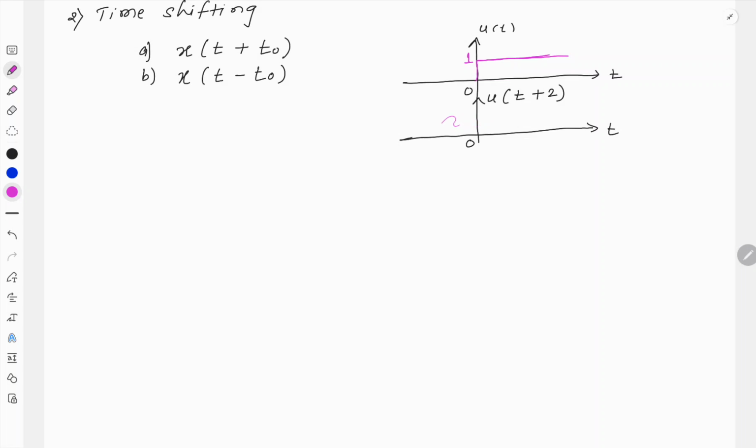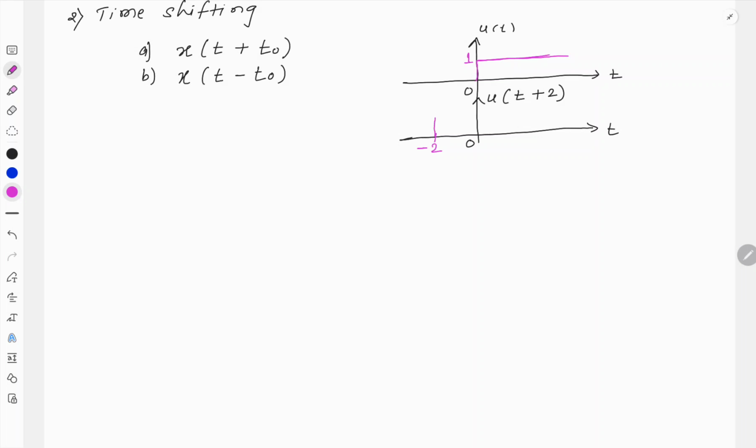It will be shifted by amount 2 towards the negative side, so that 0 will be shifted towards the left-hand side because our signal is starting at 0. So this 0 will be shifted towards the negative side by amount 2, so it becomes the coordinate minus 2.